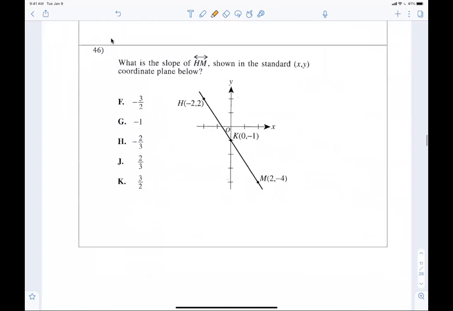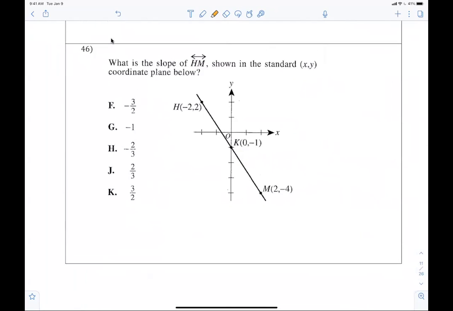Let's take a quick look at 46. Everybody tell me the answer to number 46. I've got an F so far.